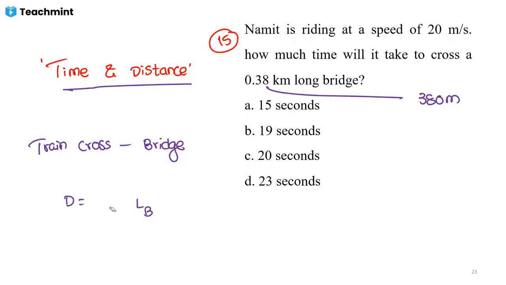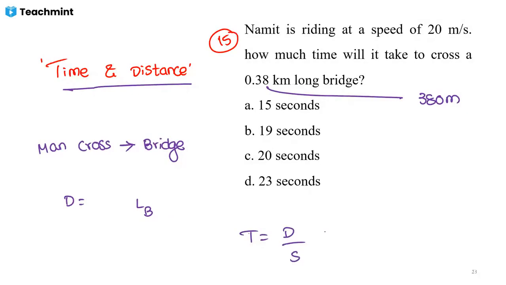When the train is crossing the bridge, okay, train length. But here a man crossed the bridge. A man crossing the bridge means man length is negligible compared to train length. If a train is crossing the bridge, length of the train plus length of the bridge will come into picture. But here a man crossing the bridge means only length of the bridge is sufficient. Time is distance by speed.